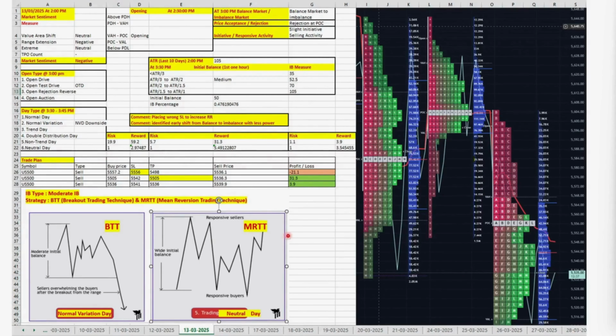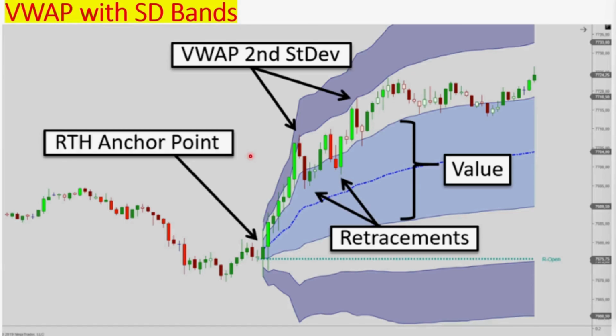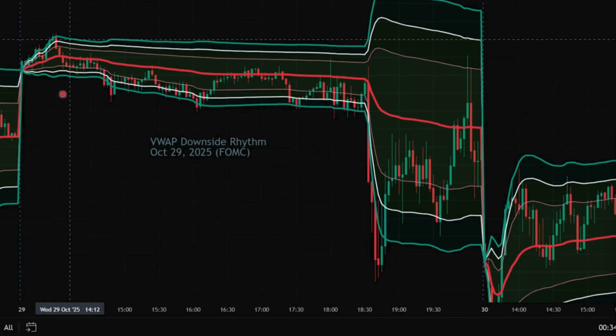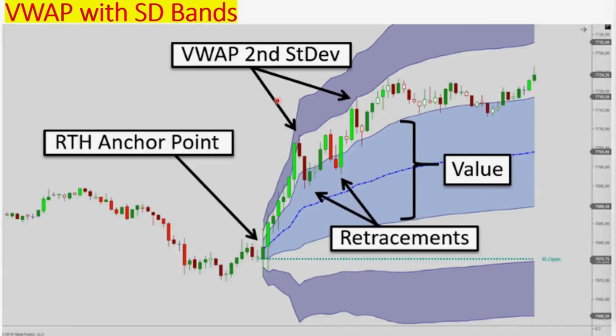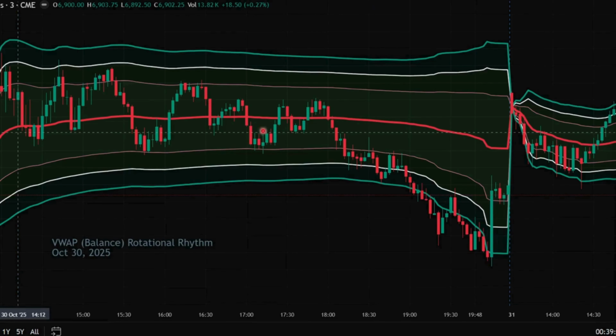During the trading session, particularly around 3 p.m., we will use the VWAP as an additional tool to help identify shifts between balance and imbalance. However, it's crucial not to rely solely on the VWAP. By integrating it with our market profile insights, we ensure a well-rounded and robust understanding of market condition.